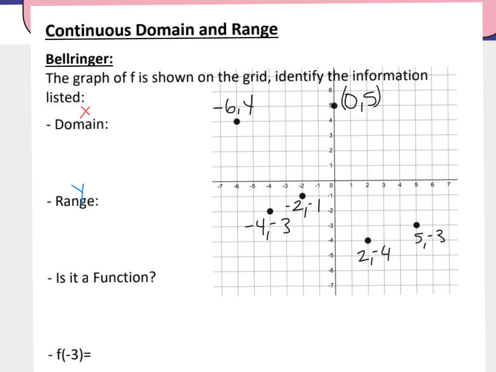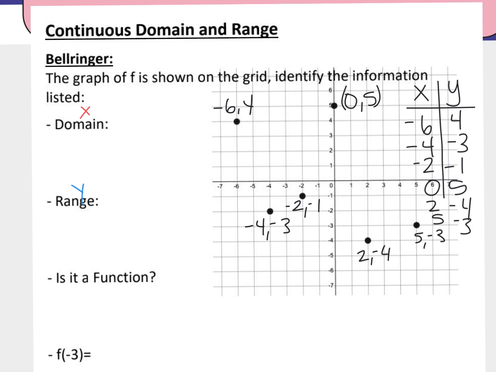So this is what it would look like if you labeled the coordinates, and if you made a table, it would look like this. So again, whichever method you prefer is going to be up to you.